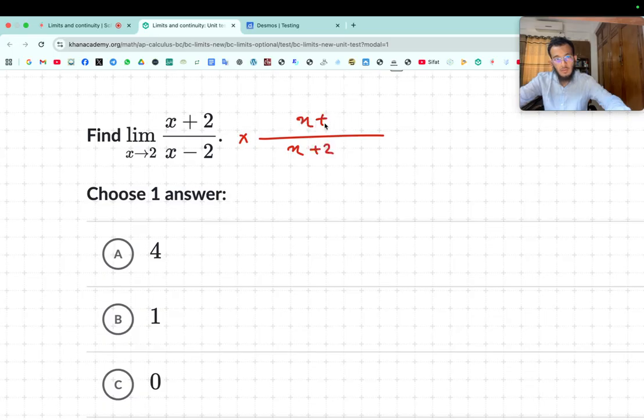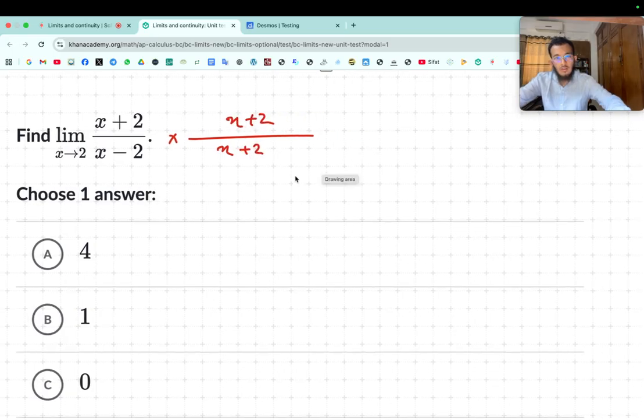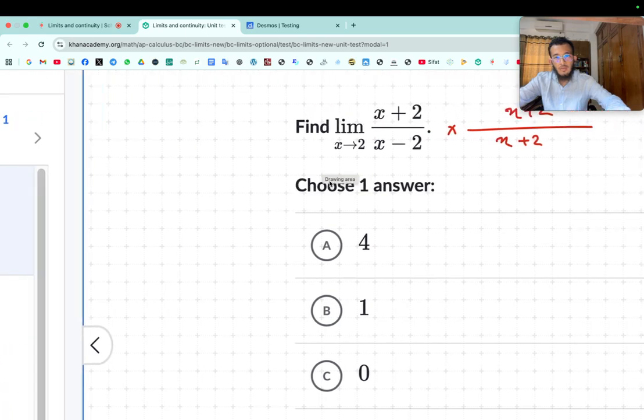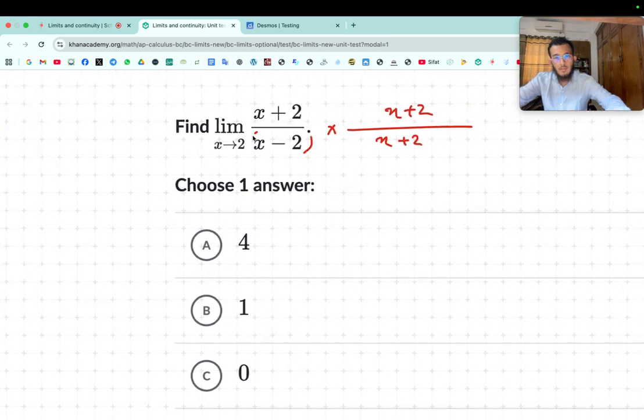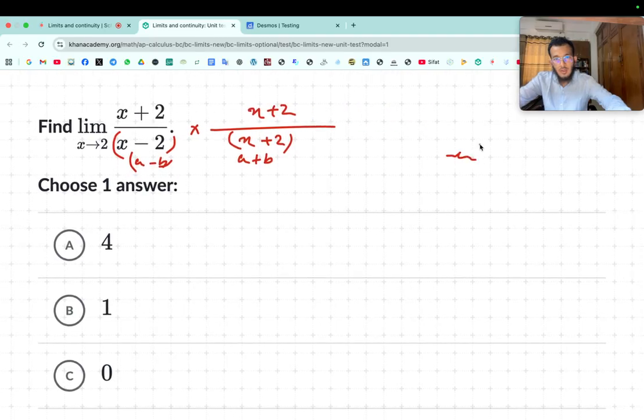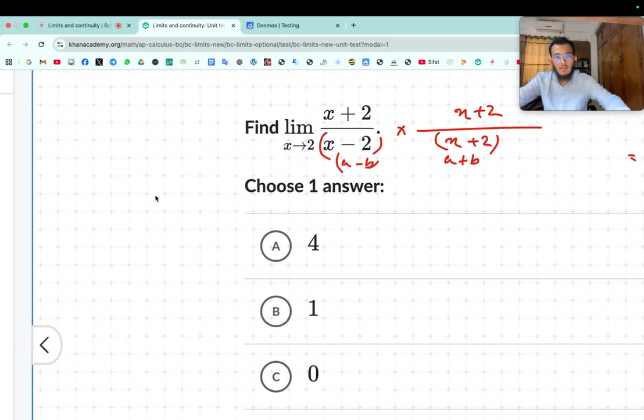So x plus 2, x plus 2, and what do we get? We get a plus b, a plus b, and a minus b, and we know that that is a squared minus b squared, the identity. So that means we can write x squared, negative 2 squared, which is 4, and x plus 2 whole squared.